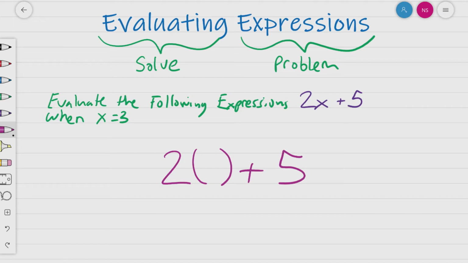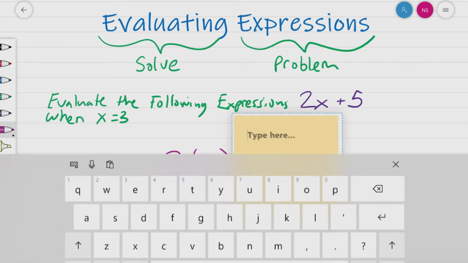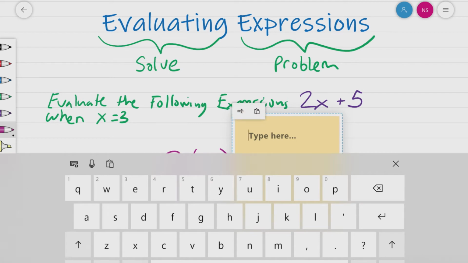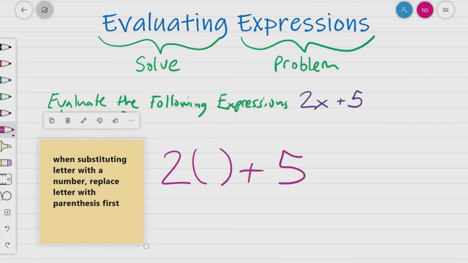This is a rule in math that you must follow. The rule is, let's add a little note on the side because it's really important to know this. Okay, we're gonna put this on the side right there. Our very own note that you gotta always remember.